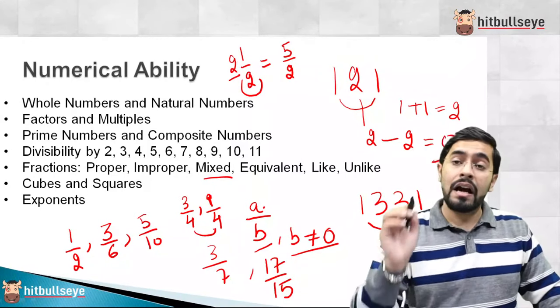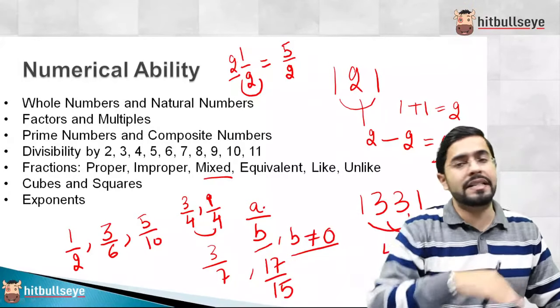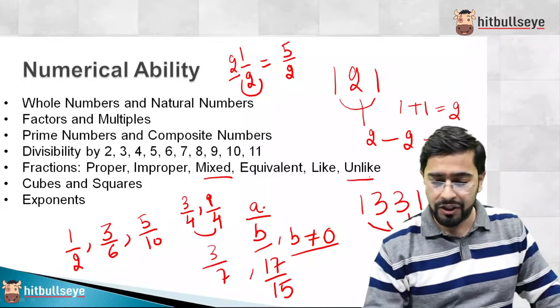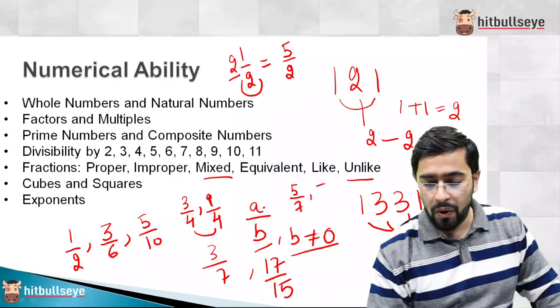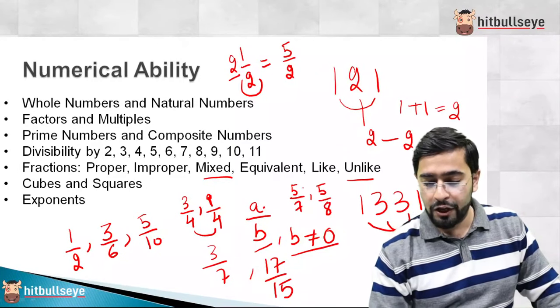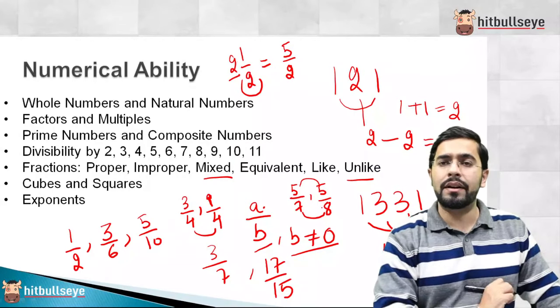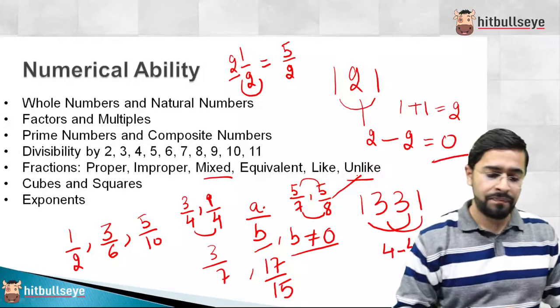On the other hand, if the denominators are different but the numerator is the same, in that sense it is called an unlike fraction. For example, 5 by 7 or 5 by 8. You can see that the numerator might be the same, but the denominator is different. So in that sense it is an unlike fraction.